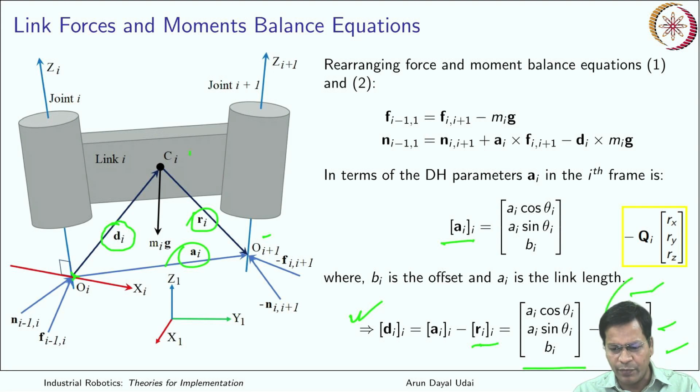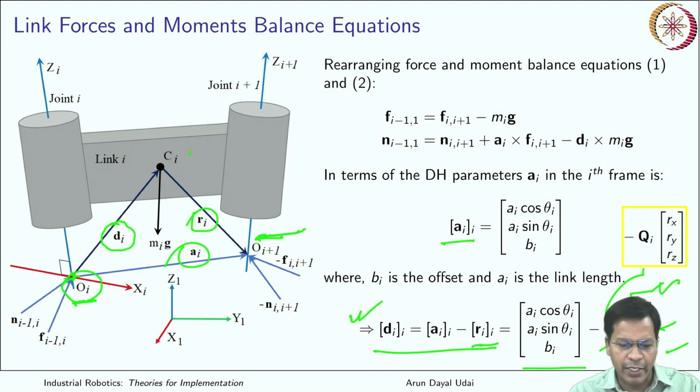Additionally, what I have here is Qi. Why? Qi is nothing but an orientation transformation that takes you from OI to OI plus 1. Because Ri was written in the frame OI plus 1, I have to transfer the same vector with the same magnitude in OI frame. So that is the reason why I am multiplying with Qi. So that makes everything in the same frame, that is the ith frame. So this is how it is finally written in ith frame.